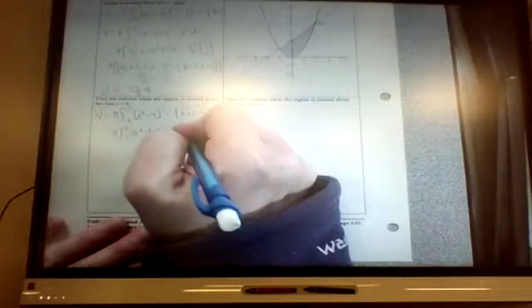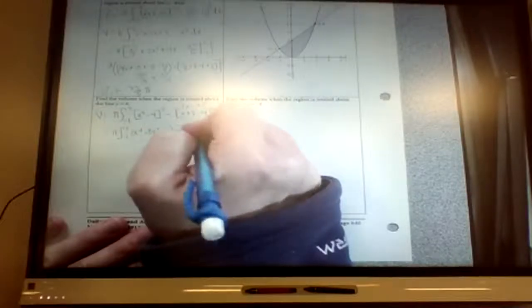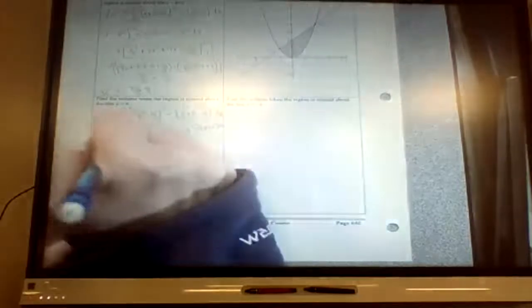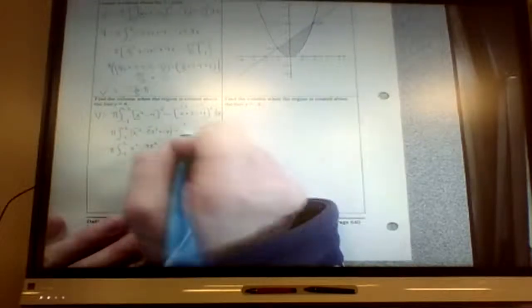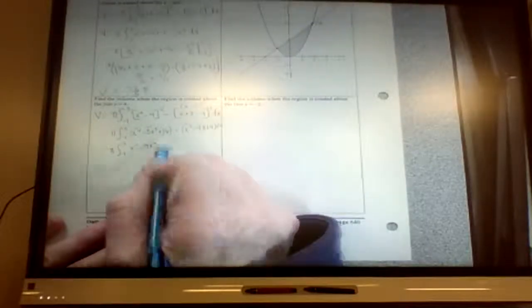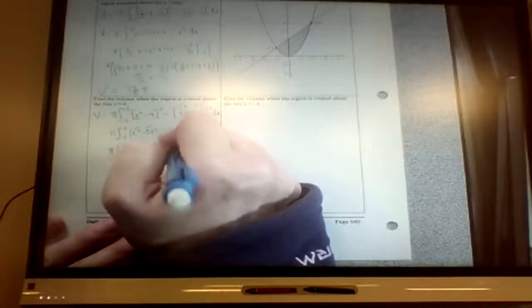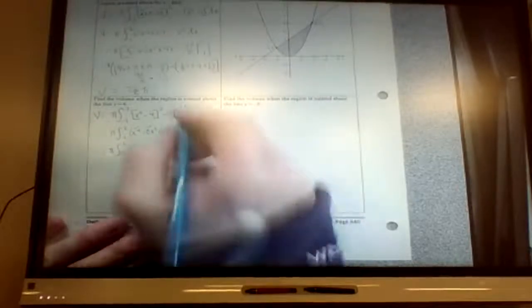So that's going to be x squared minus 4x plus 4. Or x to the 4th minus 9x squared plus 4x plus 12.